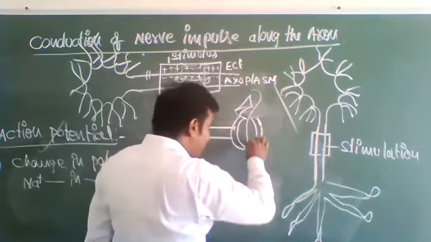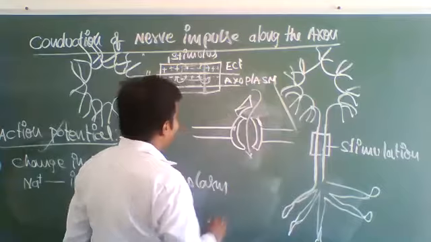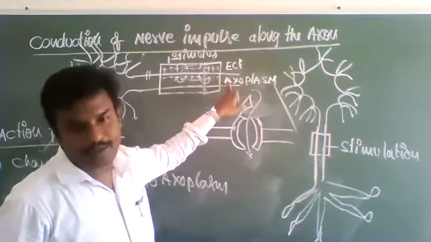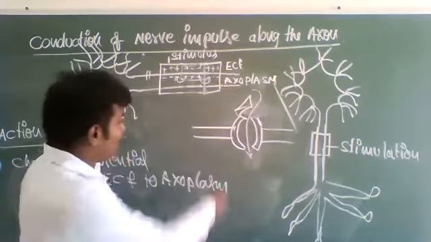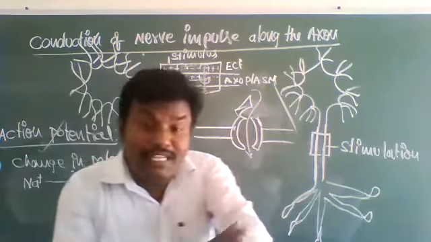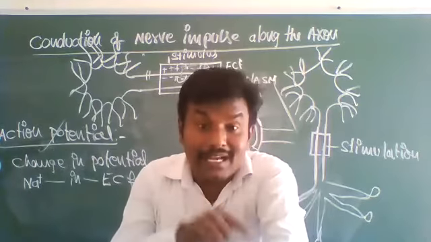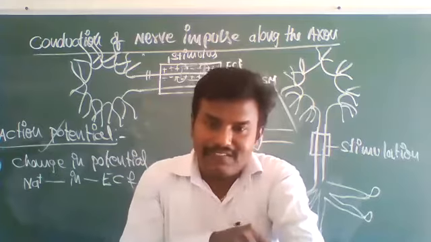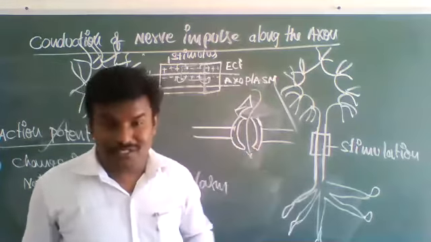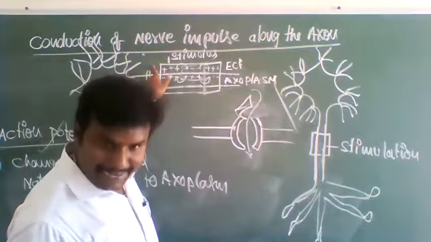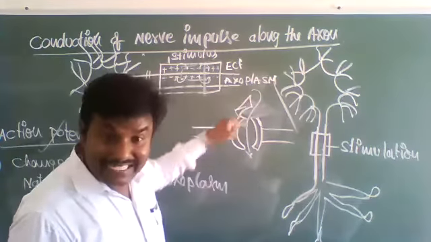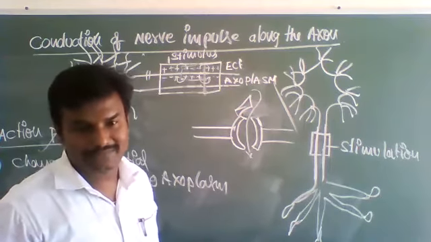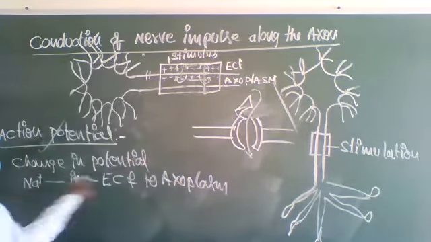So at that time, sodium ions enter inside, from the extracellular fluid to the axoplasm. So when a stimulus is applied to the neuron, a disturbance occurs and brings about a change in the potential in this area. As a result, the permeability of the membrane changed. Then sodium ion gated channels are opened and more sodium ions enter inside from the extracellular fluid to the axoplasm.